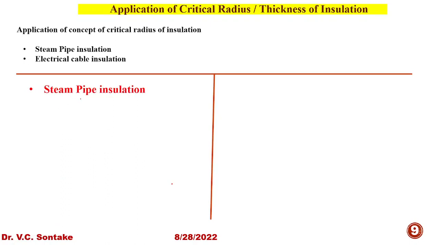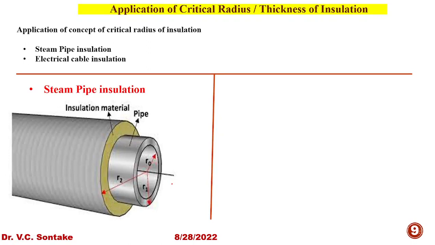Let us first consider the provision of steam pipe insulation. Steam pipe, as shown in figure, is used to carry the steam from the boilers to the different parts of the power plant or machineries.